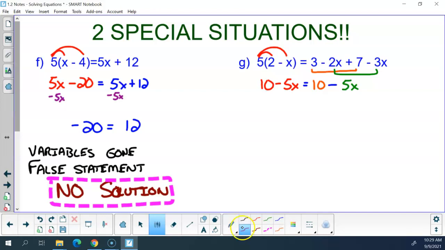Add 5x. Now I've got 10 equals 10. So what's my answer here? Variables are gone, but I have a true statement. All real numbers, yep, or infinite solutions. Not just infinity, infinite solutions.